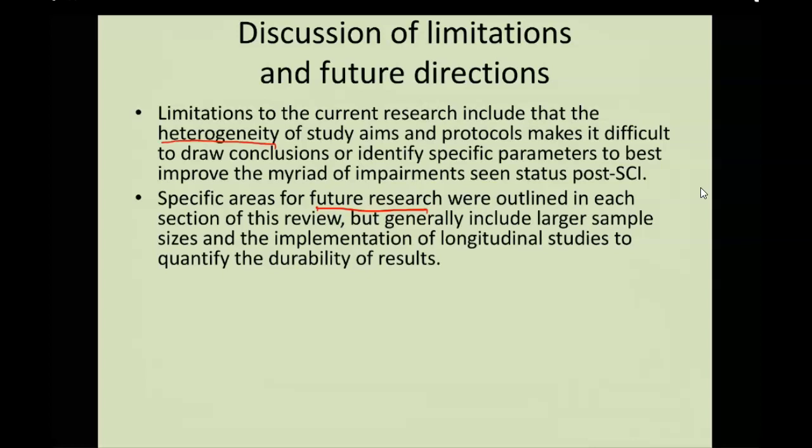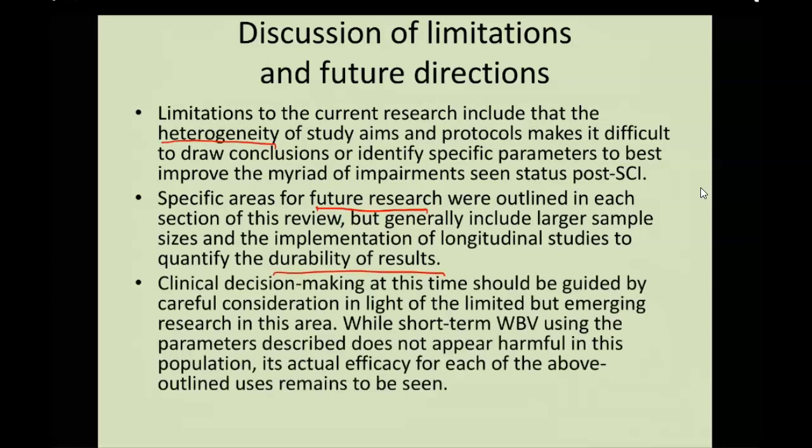Generally include larger sample size and the implementation of longitudinal studies to quantify the durability of results. And then lastly, clinical decision-making at this time should be guided by careful consideration in light of the limited but emerging research in this area, right? So there is also some value, some sort of interpretation or some evaluation of the level of evidence, similar to systematic reviews in that sense, but not nearly as, for the lack of a better word, systematic or organized and formulaic as it is in systematic reviews.